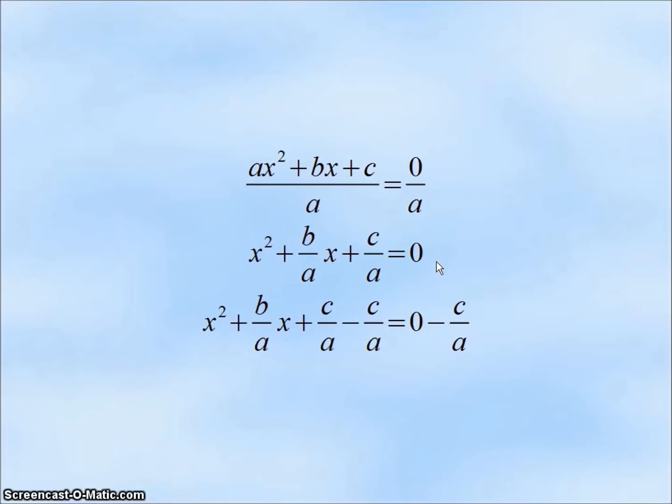Now, we want to get the x bits by themselves, so eliminating this bit, and again doing the same thing to both sides of the equation.